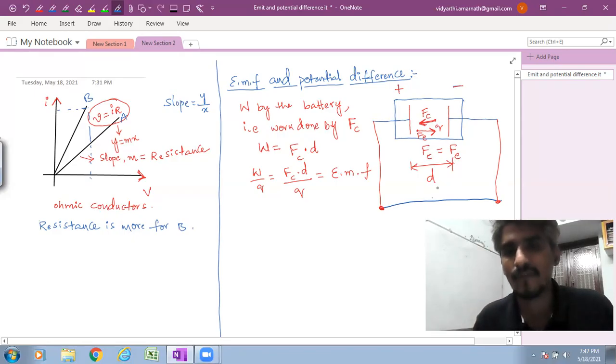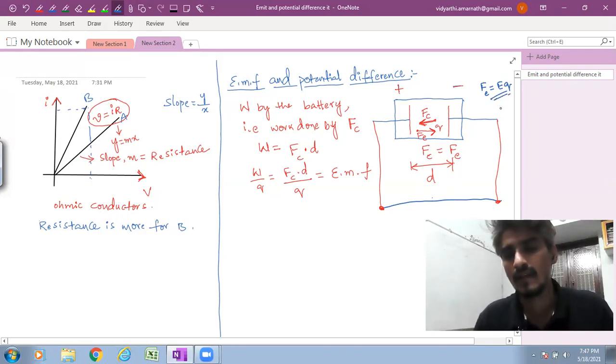So if the electric field is set, what is the force produced by the electric field? Fe, electric force, Fe is equal to capital E into Q. Am I right or not?